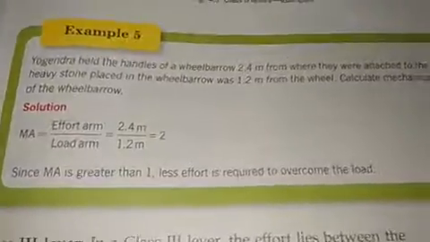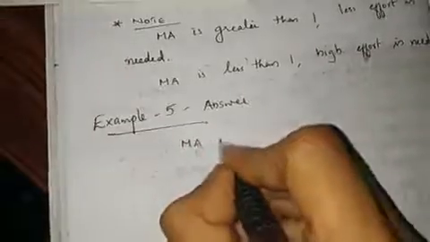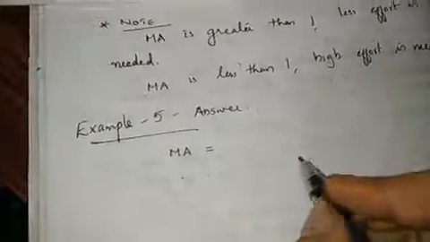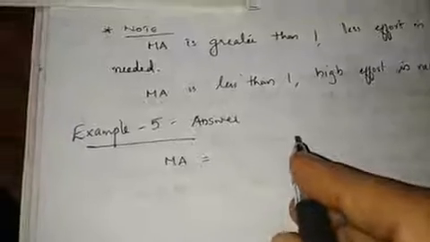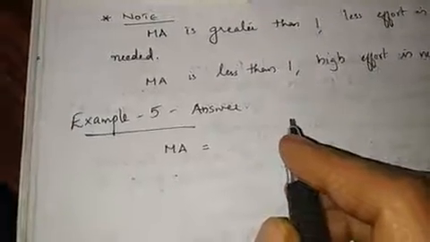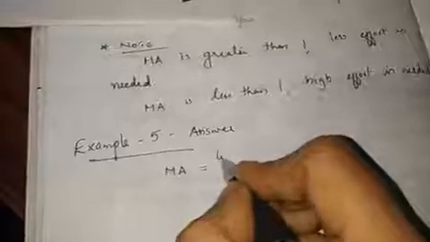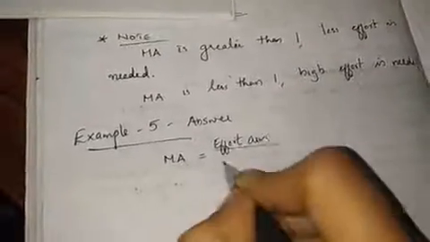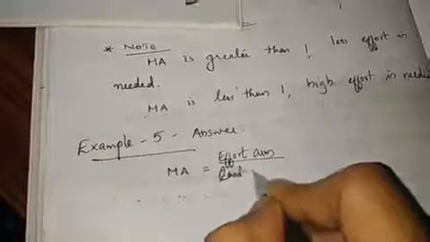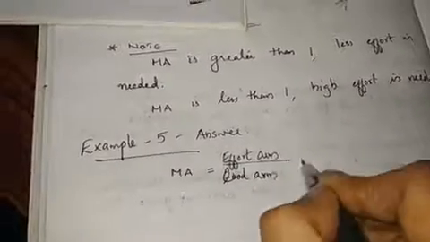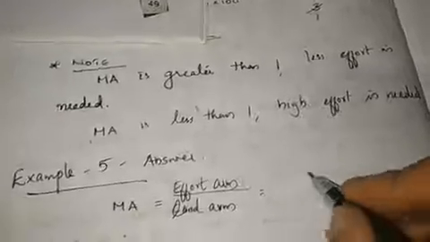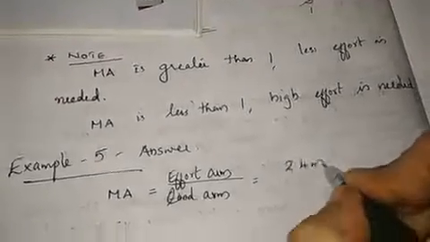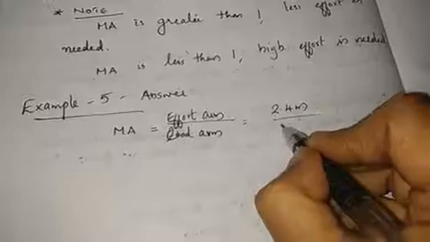Okay, so we can write MA, mechanical advantage, equal to, what was the equation? Load by effort, or we can say in this question effort arm is given. So effort arm by load arm. So effort arm is given 2.4 meter by 1.2 meter.